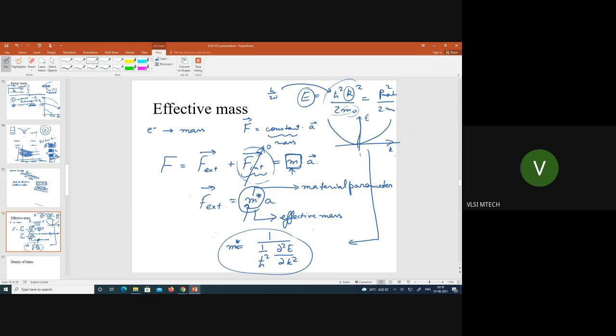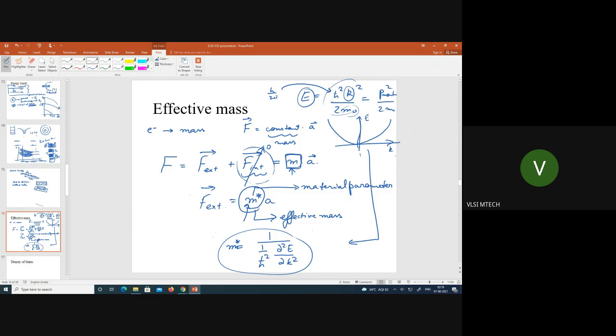Right? Imagine this. This is differentiation of energy with respect to k. If I do 2 times differentiation, it would lead to basically h square by m naught. And I divide it by 1 by h square. So I'm left with 1 by m naught. And if I take the inverse of that, I will just get m naught. So m star equal to m naught for a free electron.